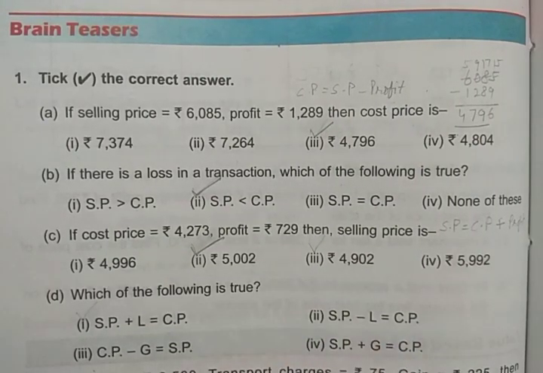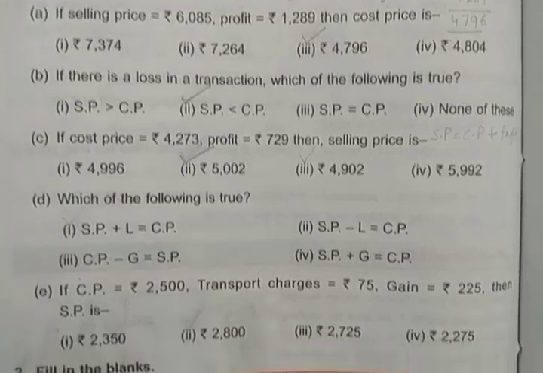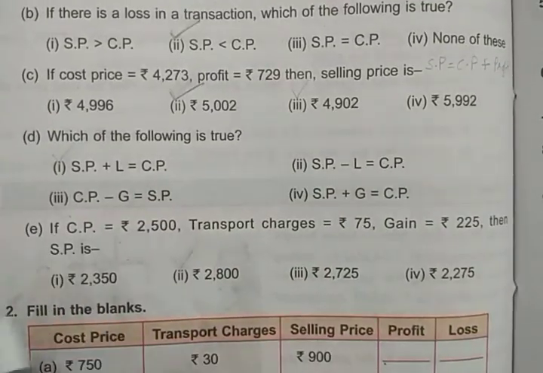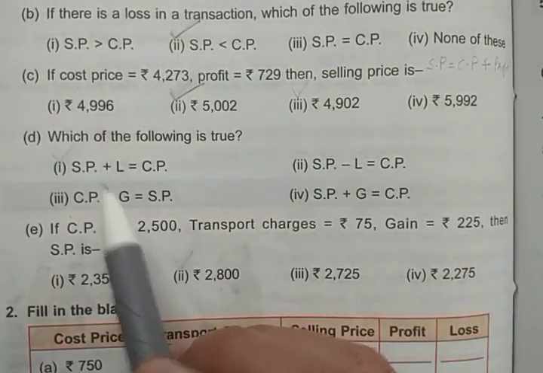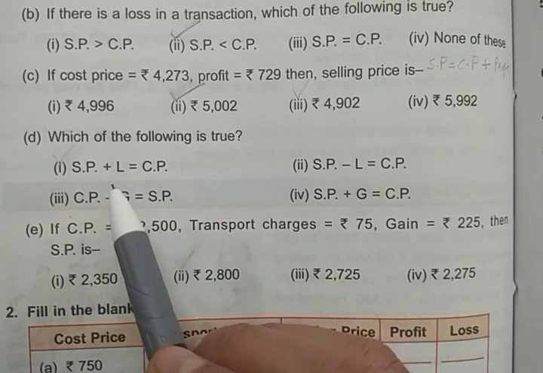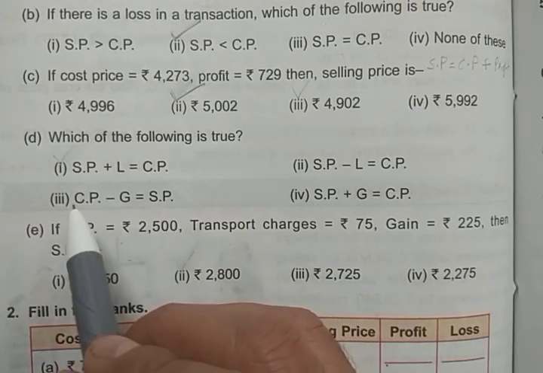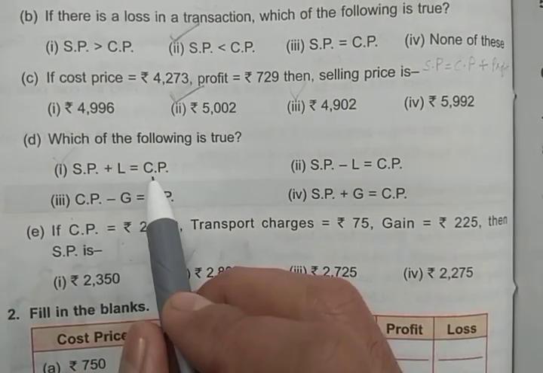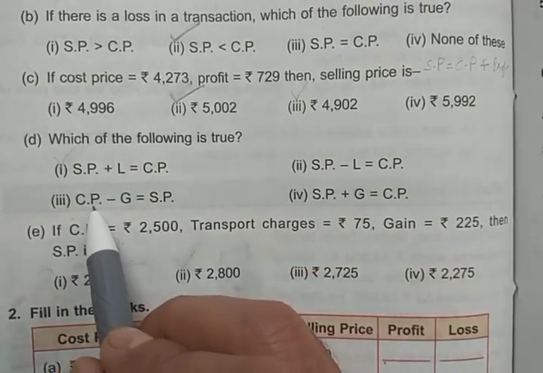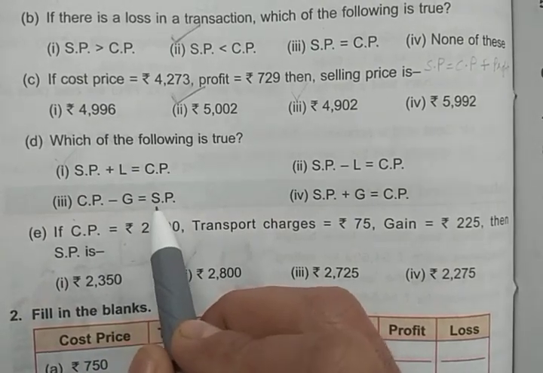Next is, which of the following is true? So here the formulas are given, and you have to find out the correct formula. Selling price plus loss is equal to cost price. Cost price minus gain is equal to selling price.